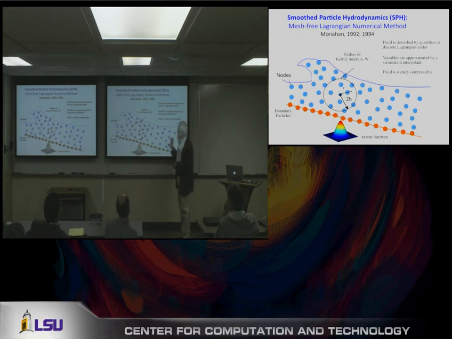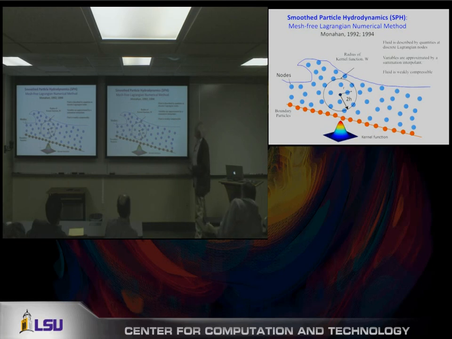The only difference is these nodes are going to move with the fluid. So they're Lagrangian. It's a Lagrangian method. So you'll see the nodes moving. A lot of people say, well, then they're like particles of fluid. You can think about them as particles or big blobs of fluid moving in the flow, obviously.